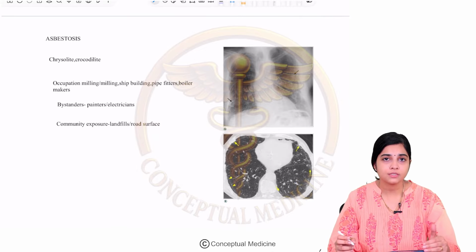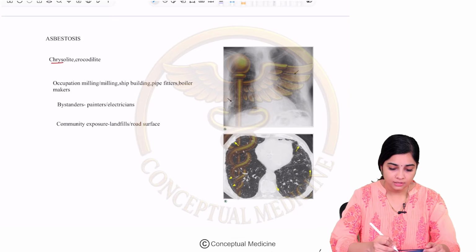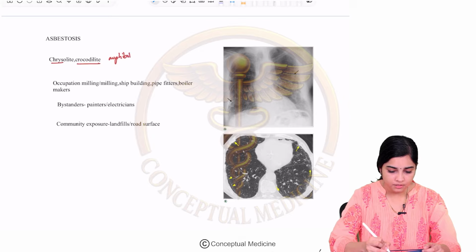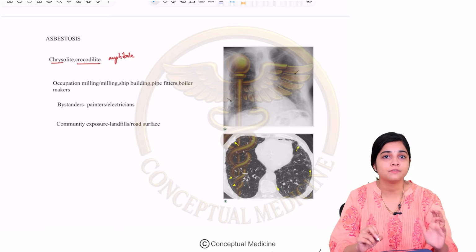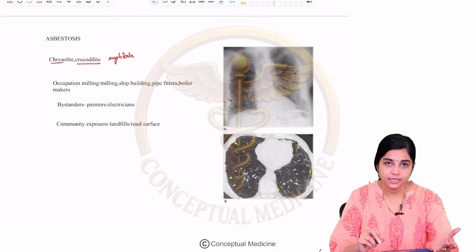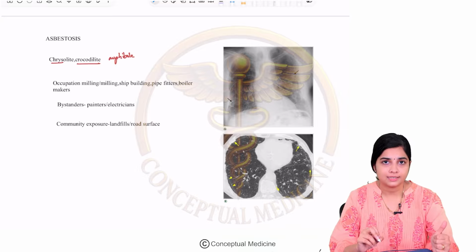Asbestos is available in the earth in the form of chrysotile, crocidolite as well as the amphibole forms. Okay, so these are the forms in which asbestos is available. Which occupations can result in occupational lung diseases?